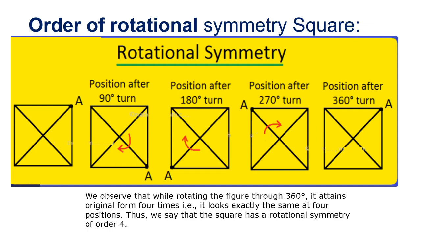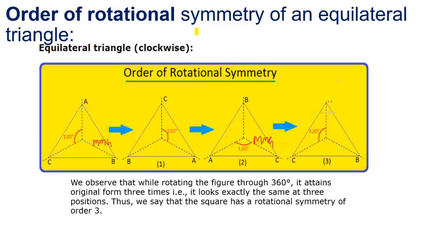Now here you can see the order of rotation symmetry in a square. In case of a square, you are getting the same original shape 4 times. So the order of rotation symmetry equals 4 in case of a square. Moving to the next page. Now here I have explained the order of rotation symmetry of an equilateral triangle.